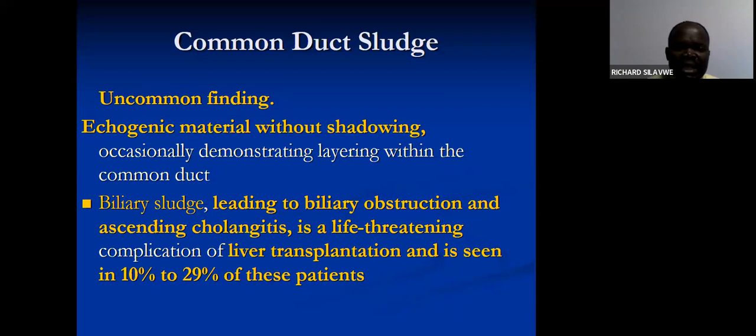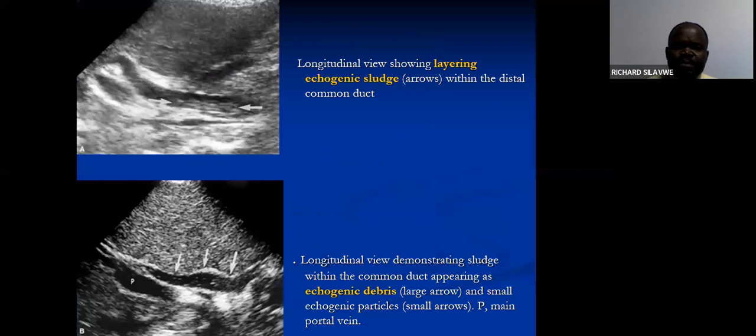So biliary sludge leading to biliary obstruction can cause ascending cholangitis. It is a life-threatening complication of liver transplantation, and is seen in 10% to 29% of these patients. So these are just pictures or sonograms that I'm showing you.